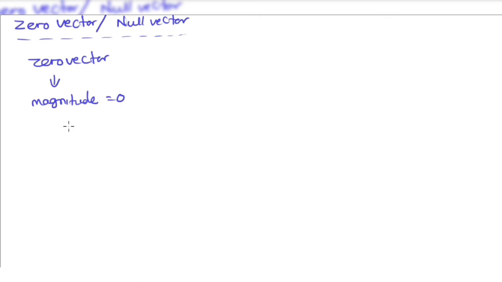That's why a zero vector is represented by a point, because a point has no length, no breadth and no height. So remember that zero vector is represented by a point or by a dot. And if we write zero vector, you can write like this: 0 and give an arrow mark here.